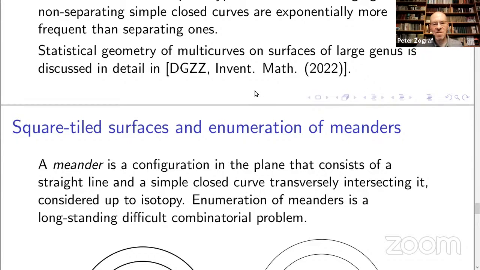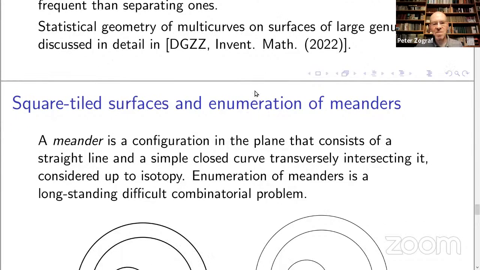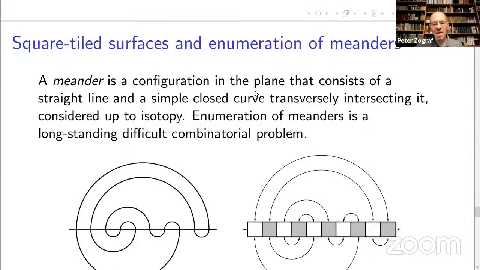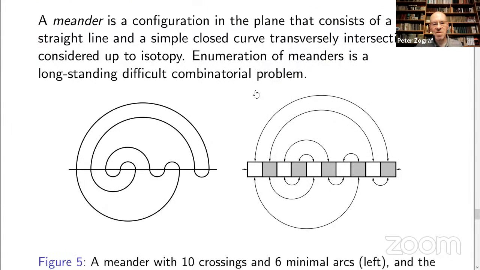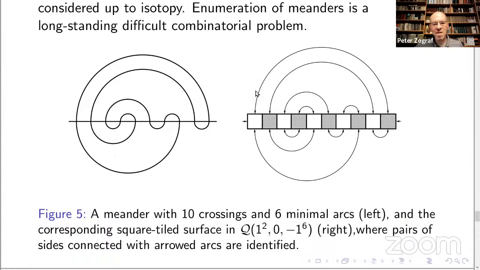Enumeration of meanders is a long-standing difficult combinatorial problem. So here on this picture, on the left, you can see a meander with 10 crossings.